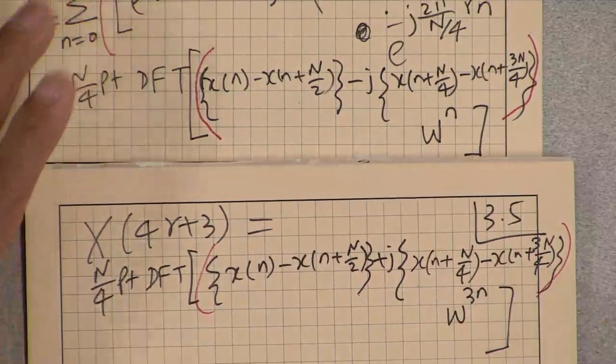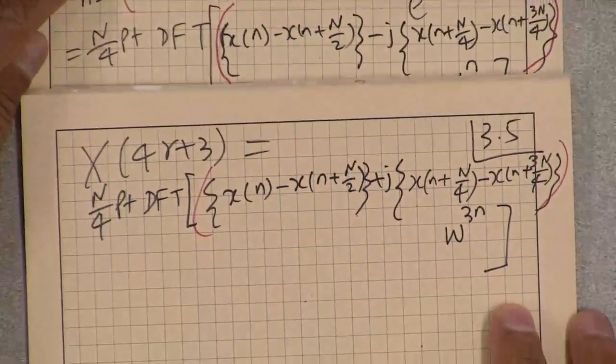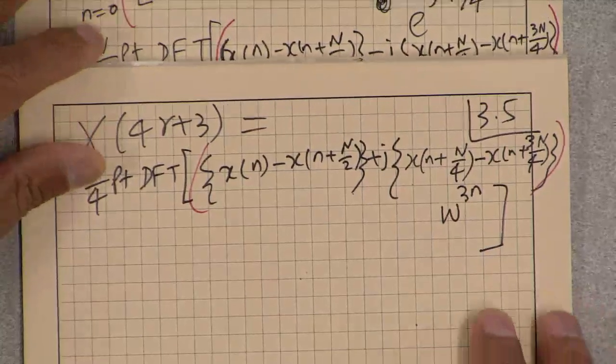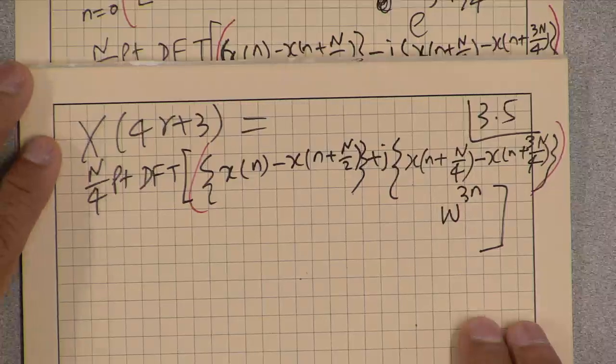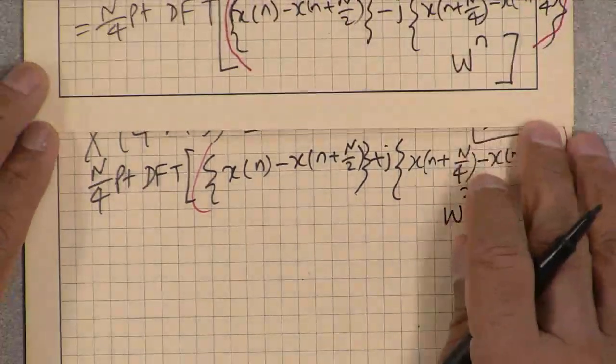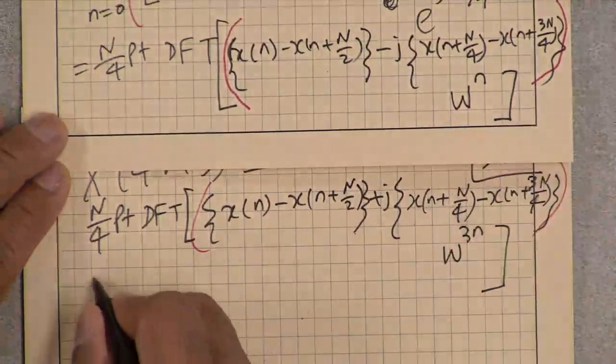That's what it will be. Eventually, if we go through the same kind of analysis, it will be w to power 3n. So these three equations describe the split radix FFT. So what happens if n is equal to 4?